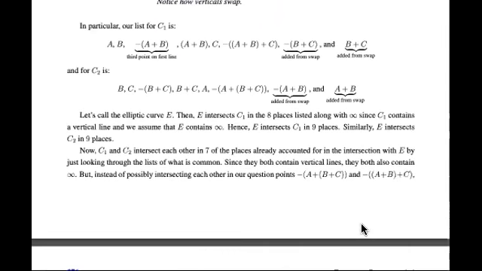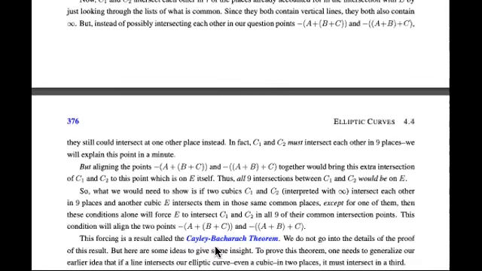So this is all set up for a theorem called the Cayley-Bacharach theorem, or however you pronounce it, which tells us that those conditions mean C1 and C2 intersect themselves at the 9th location as well. So we actually get that they're equal. So that comes from this result.